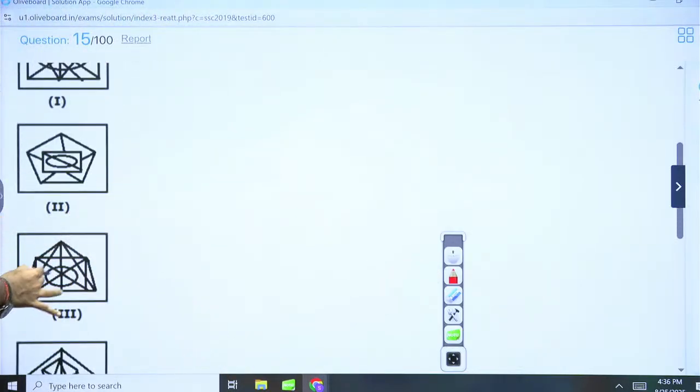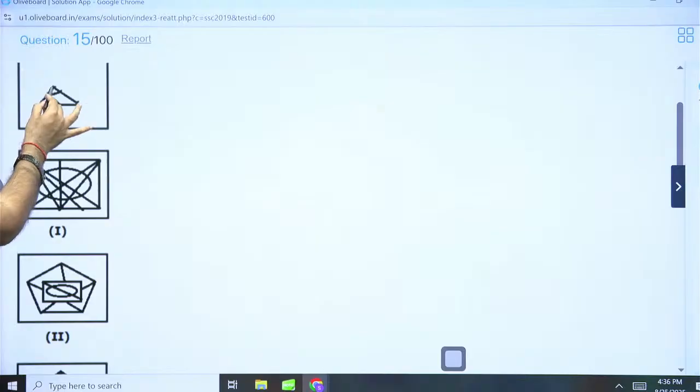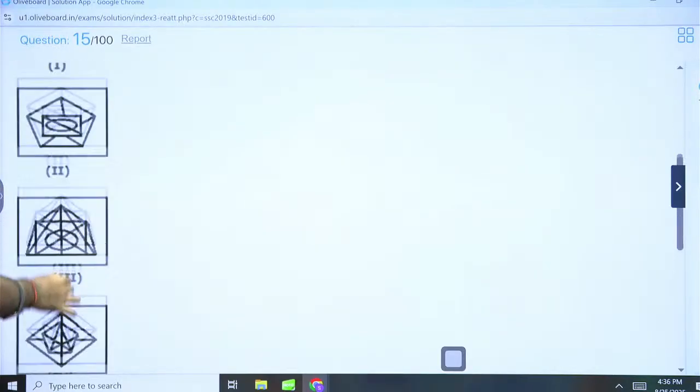Here also I cannot see a definite single triangle. This is kind of an isosceles triangle, but that's not being formed here.